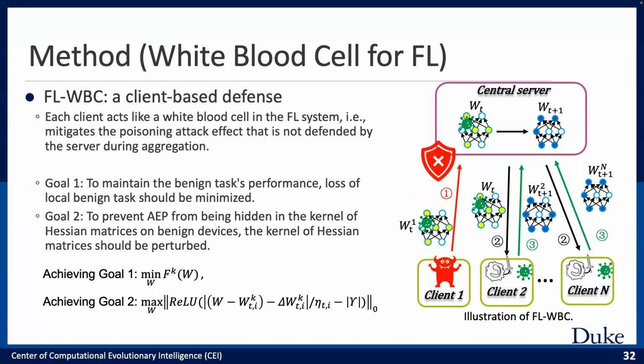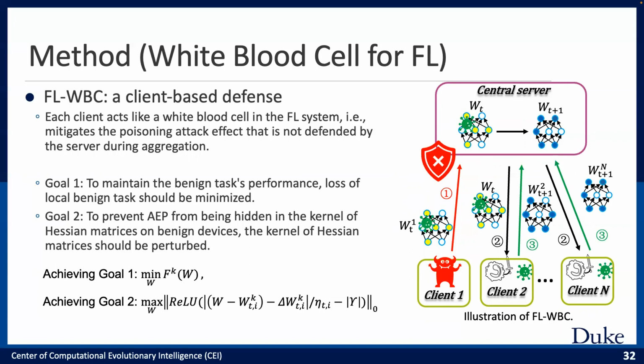Okay, so based on this, we propose what we call FL-WBC, or white blood cell for federated learning, a client-based defense. Each client will act as a white blood cell in the federated learning system, which mitigates the poisoning attack effect that is not defended by the server during aggregation. Goal 1 is to maintain the benign task performance, because that is our original goal.